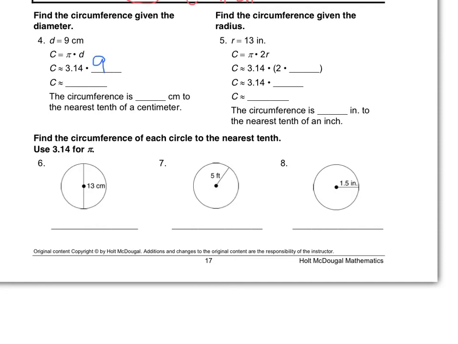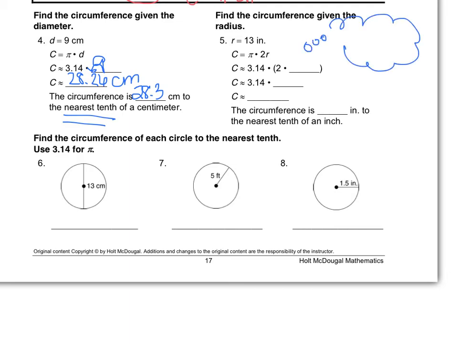You can use your calculator for this and type in 3.14 times 9, and you will get 28 and 26 hundredths centimeters. But we're going to round it to the nearest tenth, so that 6 bumps up the 2 to 28 and 3/10 centimeters.